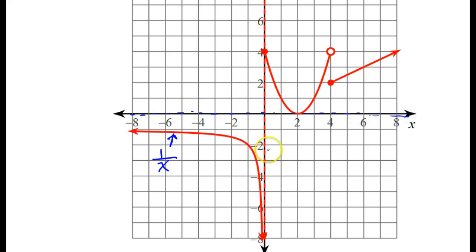The vertical asymptote is the y-axis. So here I see that this horizontal asymptote is no longer the x-axis. The horizontal asymptote appears to have moved down 1 unit. Alright, so this is a transformation of down 1.